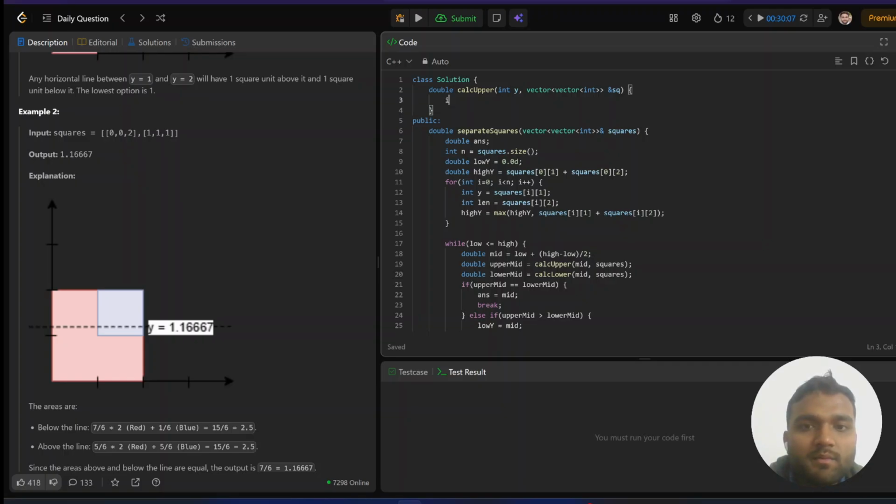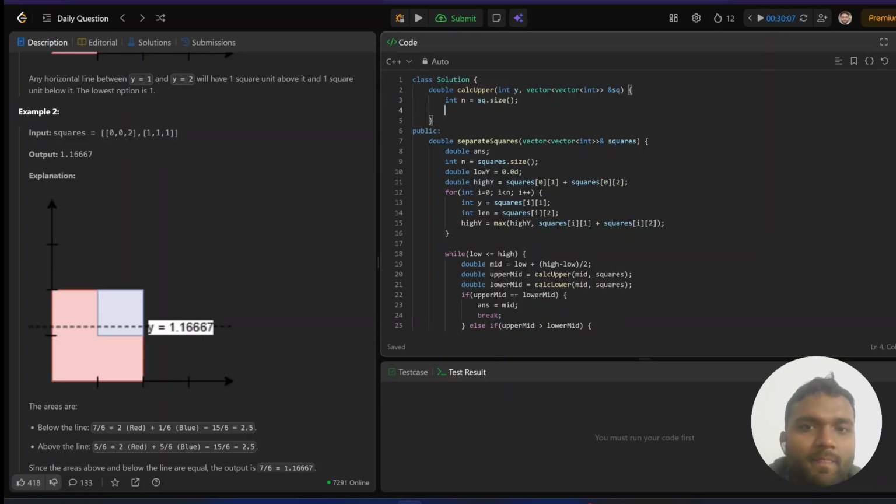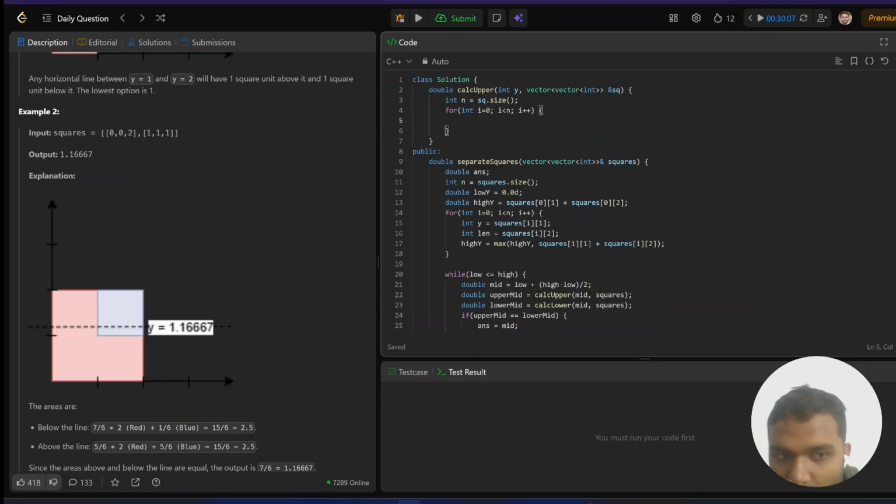So what I'm going to do is calculate this size, then I will iterate for all the squares. We have all the squares' x, y, and length. If any square's y coordinate lies on or below this y, then that square will not contribute to the area in this function.